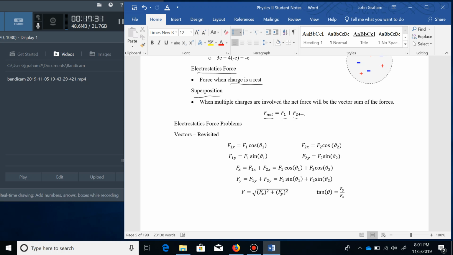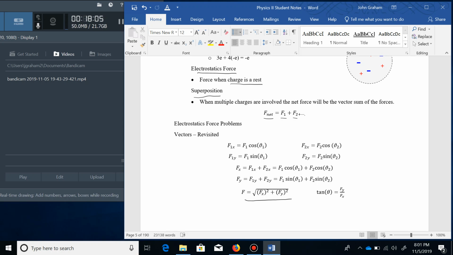Same thing with the forces in the y direction. Force y is force 1 in the y direction plus force 2 in the y direction, and so on. So it's force 1 sine angle 1 plus force 2 sine angle 2, and so on. And then just like vectors and trigonometry, you have the Pythagorean theorem. The force x squared plus the force y squared gives you your overall force squared.